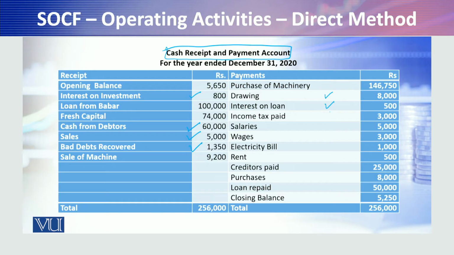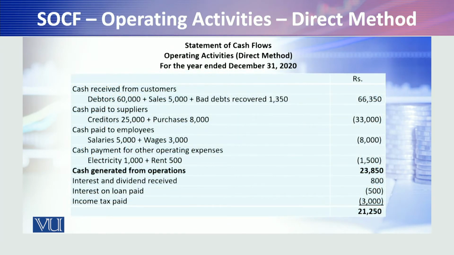Income tax paid, then salaries and wages that we are paying to employees, electricity bill, rent, payments to the creditors who are suppliers, and purchases made on cash. This is a straightforward payment. All these purchases are cash purchases. Loan repaid is not an operating activities item. So all these that I pointed out over here are the operating activities.